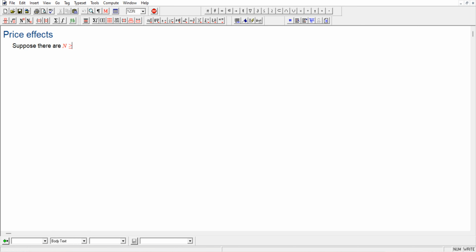So there's n goods, or goods and services, and let C_t be a vector that tells us how much you are consuming of each good at date t.